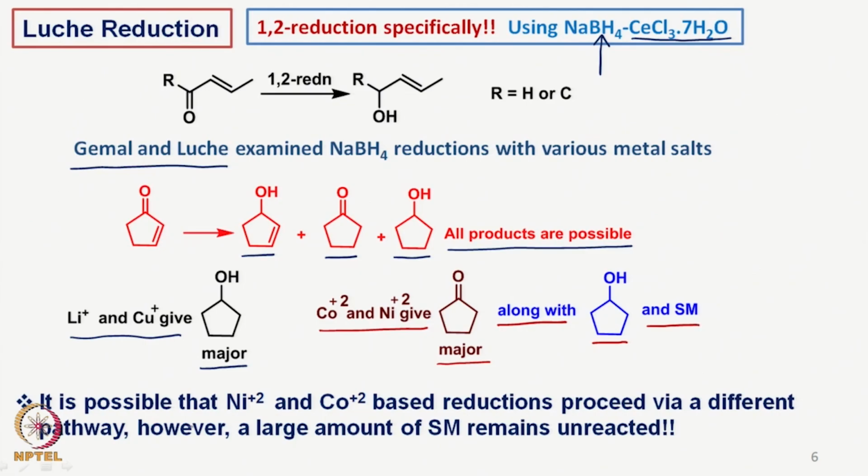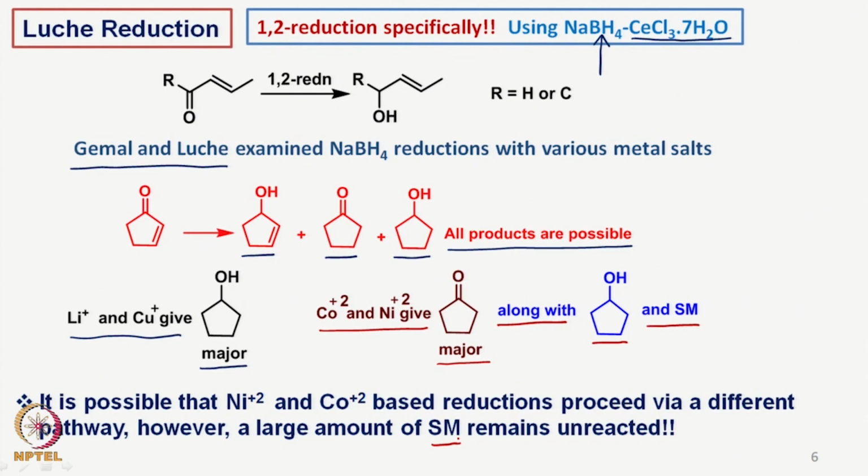It is possible that nickel 2+ and cobalt 2+ based reductions proceed via a different pathway, but since a large amount of starting material, SM, which stands for the alpha-beta unsaturated carbonyl compound, remains, it is not a very good reaction.